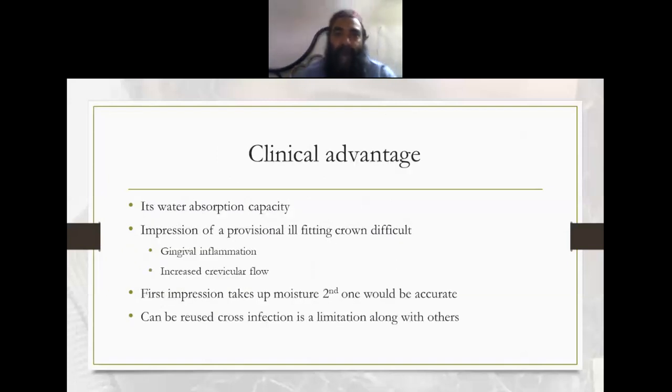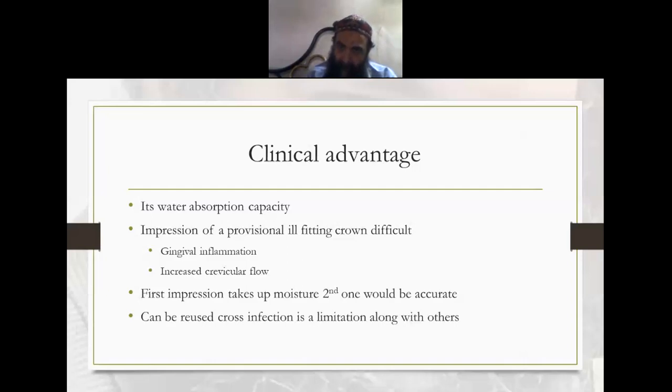Now, the clinical advantage of agar: its water absorption capacity is its clinical advantage. Why? Because impression of a provisional ill-fitting crown is very much difficult.